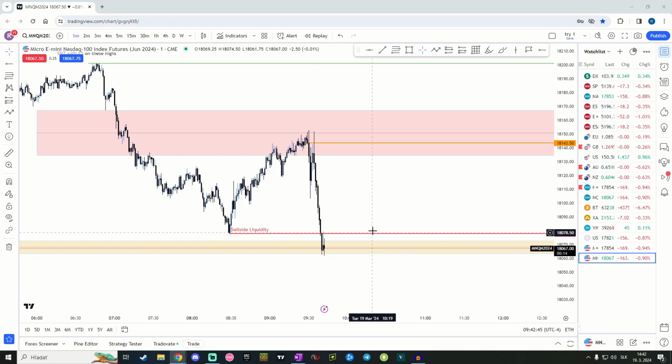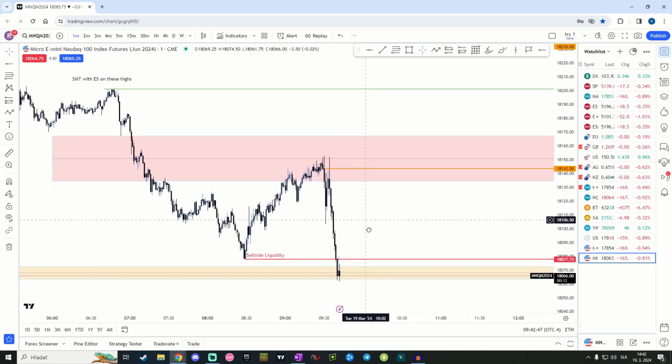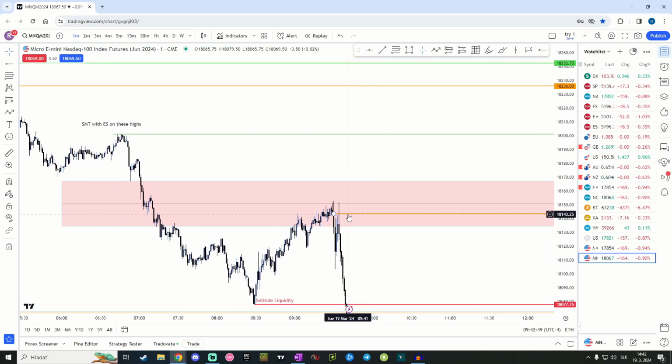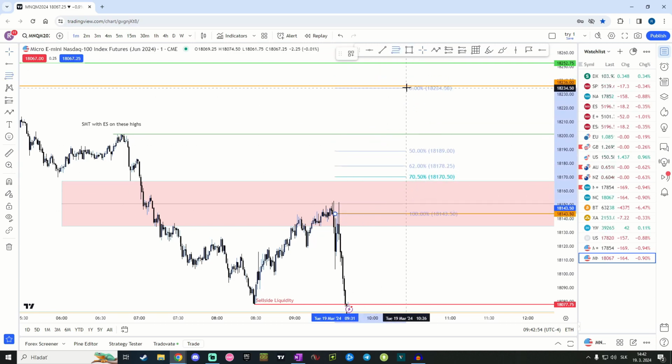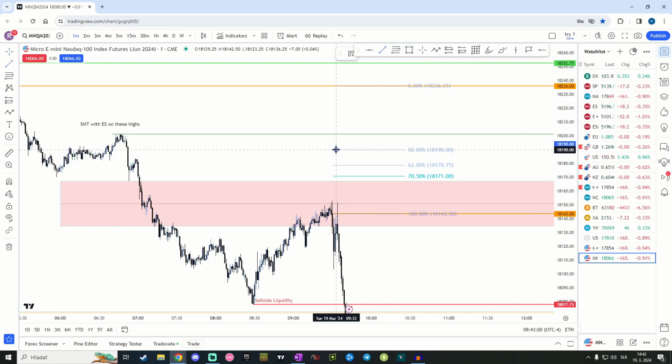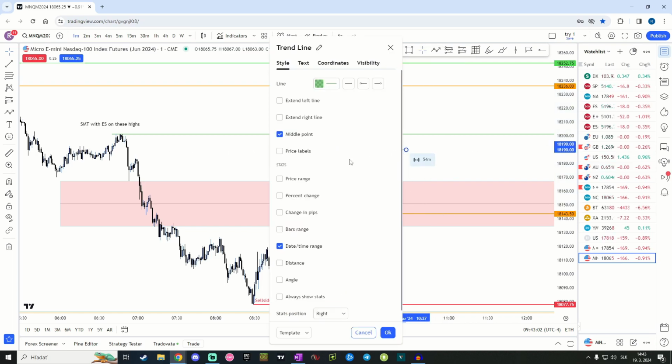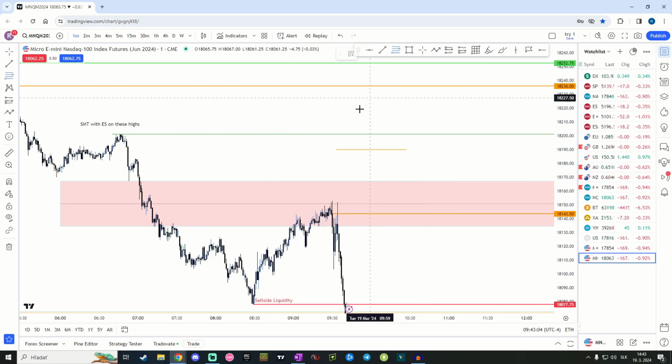I'm not that confident. But we also gapped down. Didn't even trade it that much to the opening range. Is the 50%. There is also 25%.